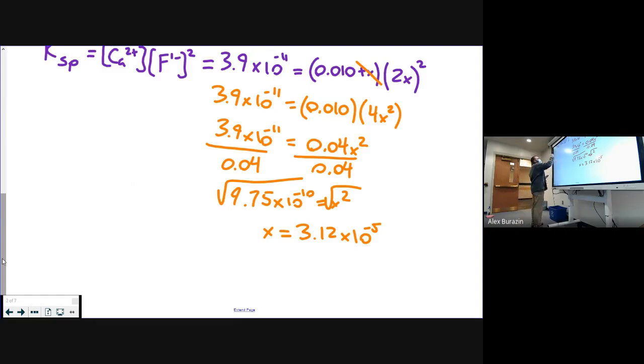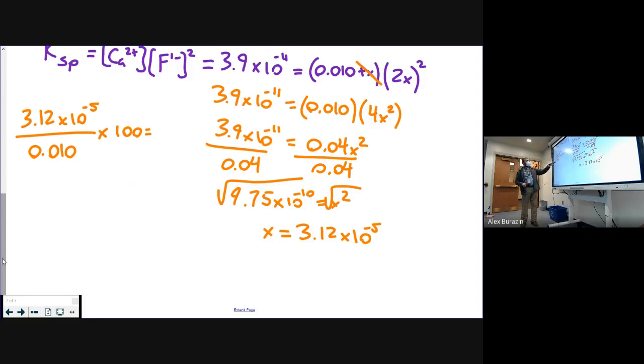So I have my x value divided by the original amount multiplied by 100 to get a percentage.